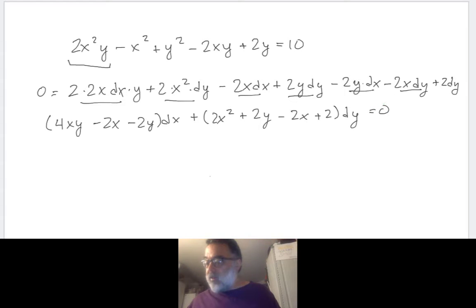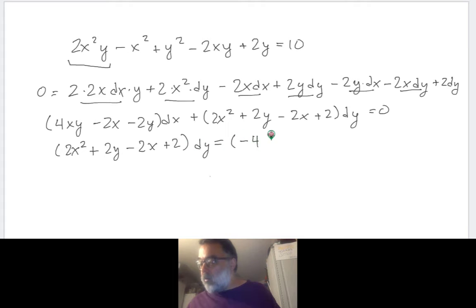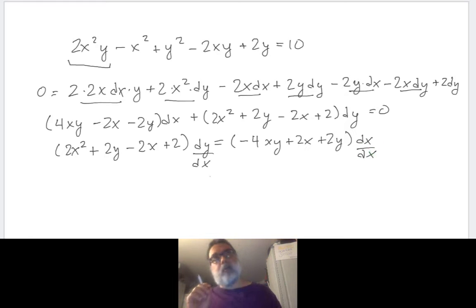So to find the derivative, dy by dx, we want to separate those out to the different sides. So I'm going to subtract over the dx one. Minus 4xy plus 2x plus 2y, because I subtracted it to the other side, dx. Divide both sides by dx. And we're thinking about it like it's a geometric quantity.